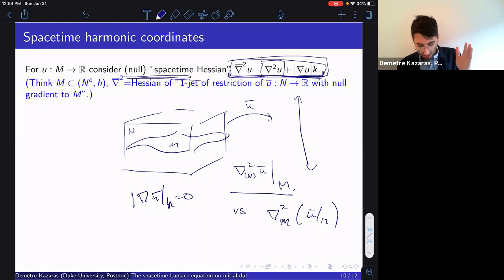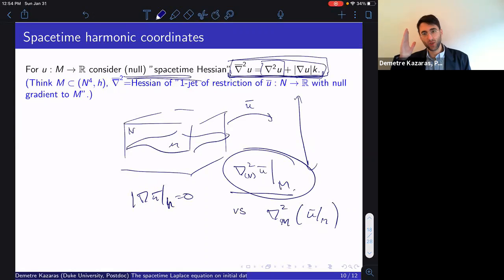Then you try to write down this object, the Hessian on the ambient manifold, in terms of the usual Hessian of the restriction to M. You will get a formula like this, except this N will have some normal components which you should throw away.